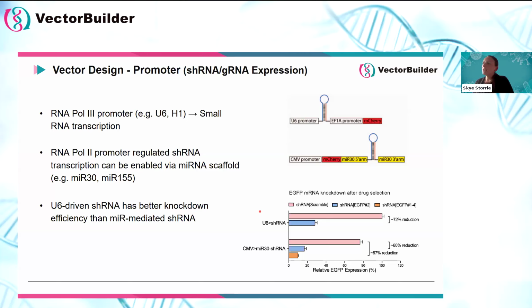Here's some of our own data comparing shRNA driven by U6 versus a MIR30 scaffold with a CMV promoter. For U6, we achieve markedly greater knockdown efficiency at 72%, which is much better compared to the MIR30 scaffold, where you can see it's a 60% reduction. And even when we use multiple shRNAs, our U6 shRNA still outperforms.